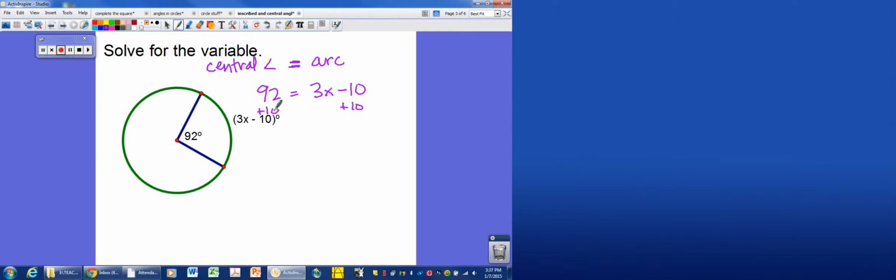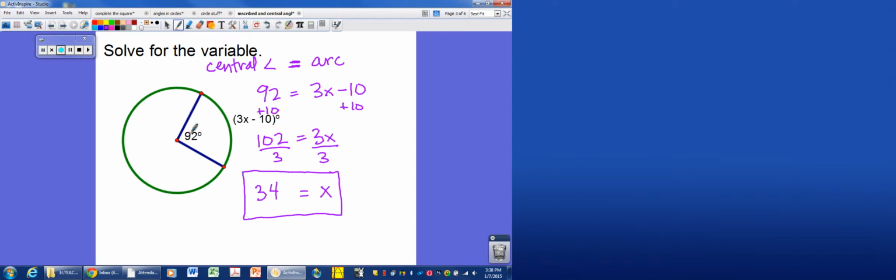So it's the relationship that allows you to set up some algebra so that we can do some solving. So x equals 3 goes into 10 3 times, 3 goes into 12 4 times. x equals 34. Okay, so you recognize this is a central angle. This is how the central angle relates to the arc. So they create some algebra with the relationship. Okay, they're equal, so you set them equal.